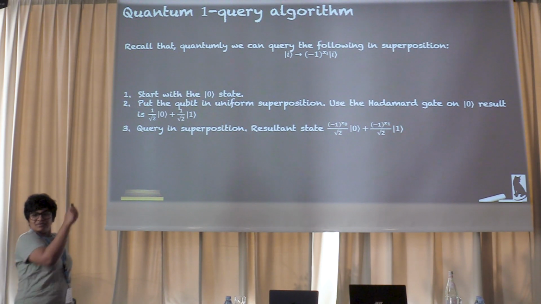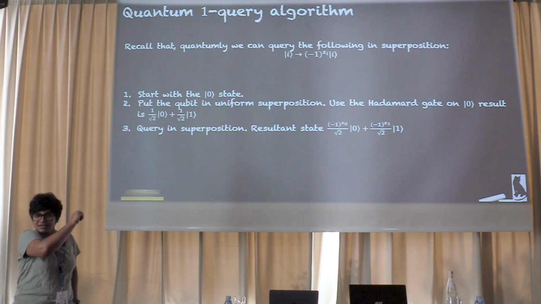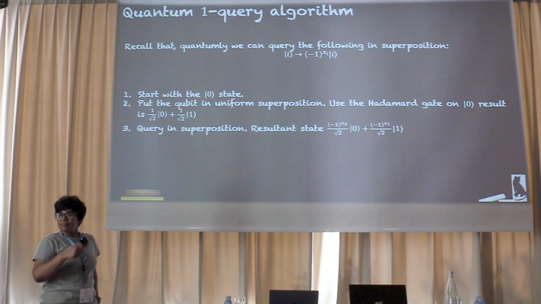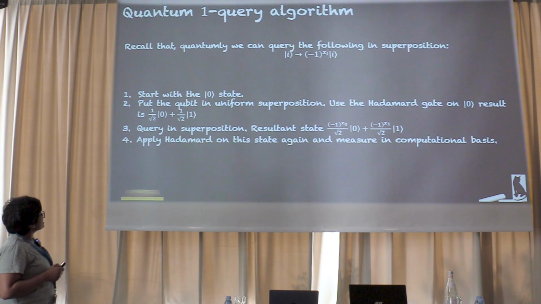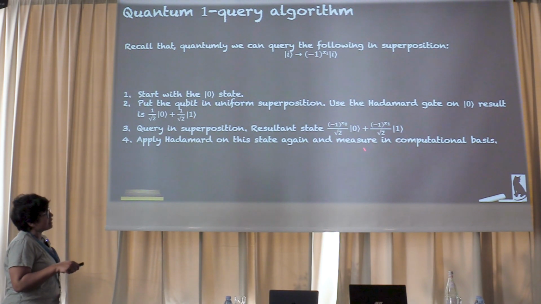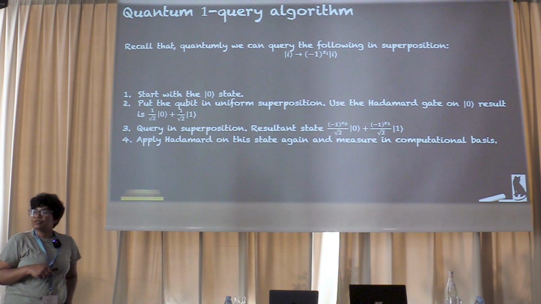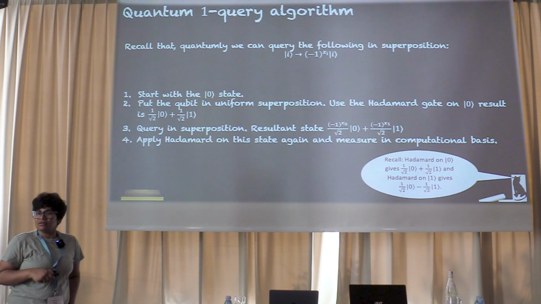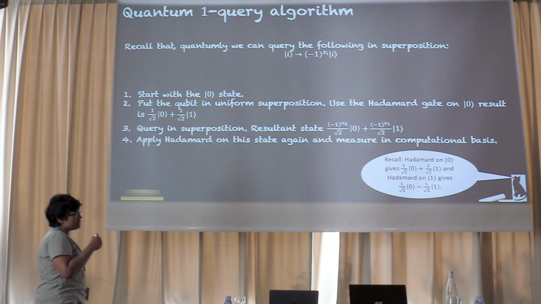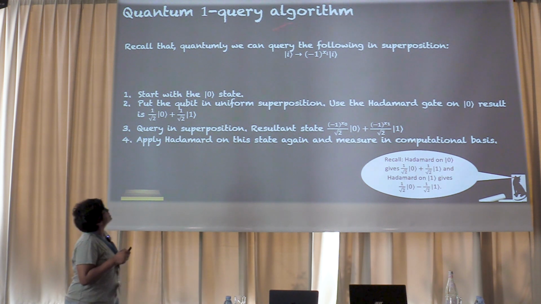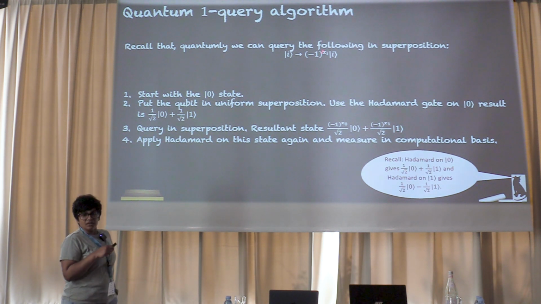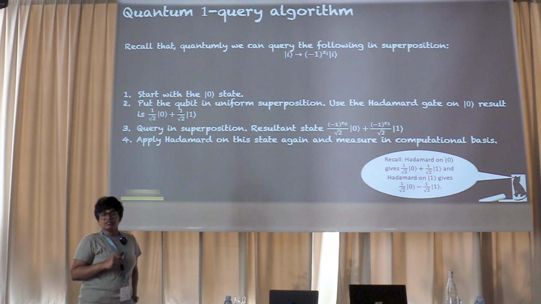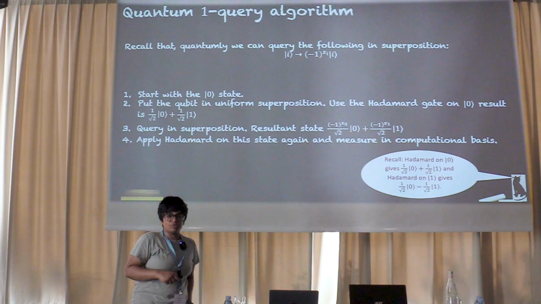So in the constant case I have the 0 plus 1 state, and in the balanced case I have the 0 minus 1 state. So if I applied Hadamard again and measured in the computational basis, I would get which state I was in. What classically took 2 queries, I could do with just one superposition query, one oracle access, and I got the output.